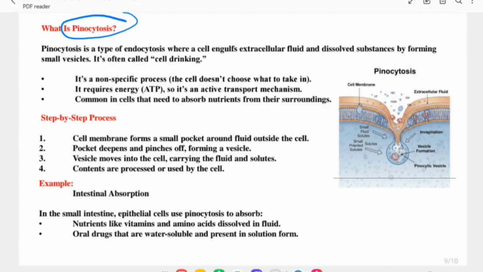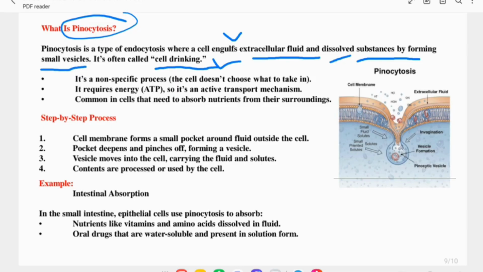That is pinocytosis. What is pinocytosis? It is nothing but cell drinking. In endocytosis, we have studied cell eating. Here, pinocytosis means cell drinking. So, in this type of mechanism, the cell engulfs extracellular fluid and the substances which are in dissolved or soluble form, forming small vesicles.